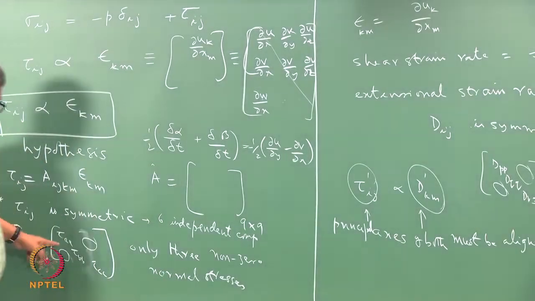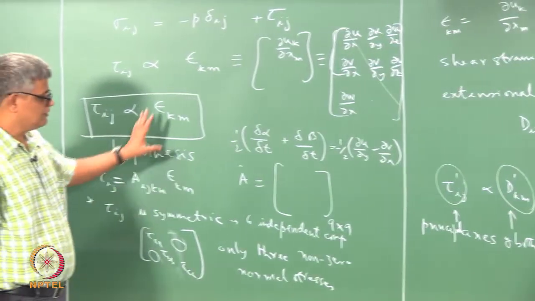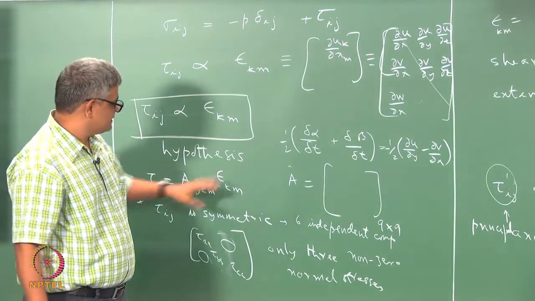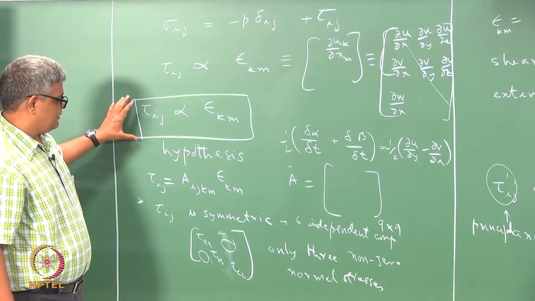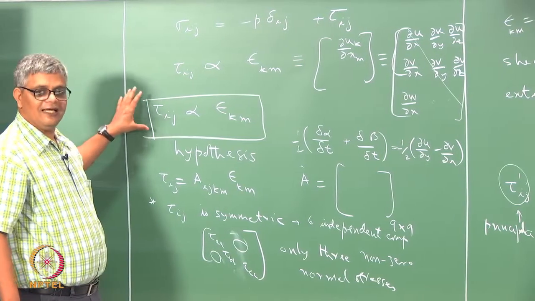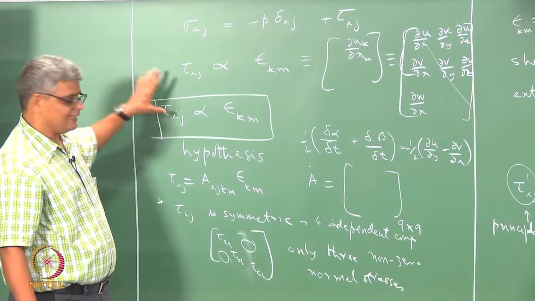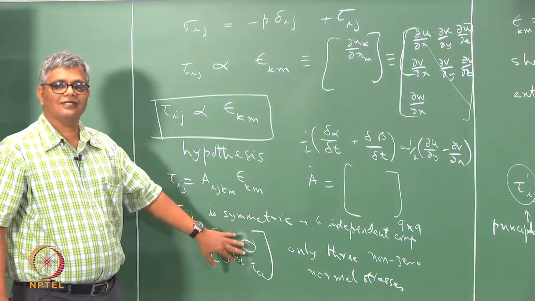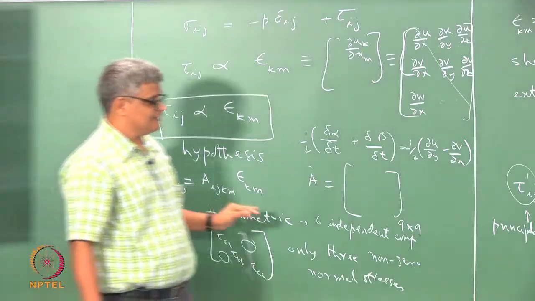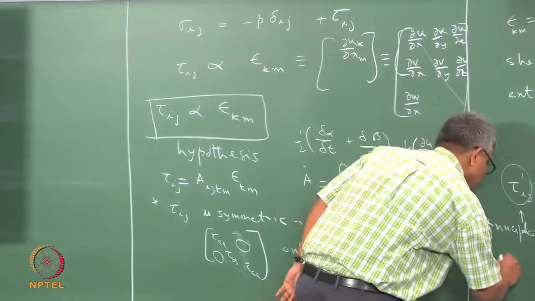Okay. So, that means that you can only have 9 independent values which will describe this general relation which is applicable in any coordinate system, but the same constants must also be applicable in the principal axis coordinate system here. Okay. So, in that sense we have only 9 independent components.